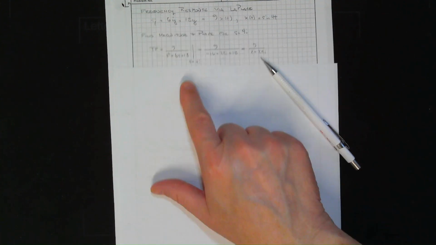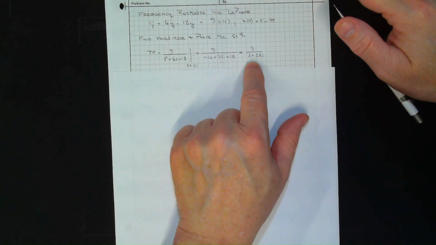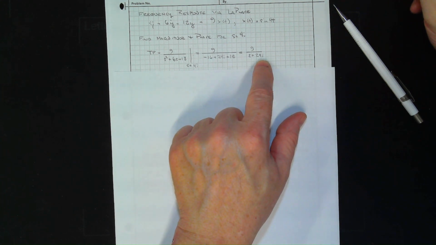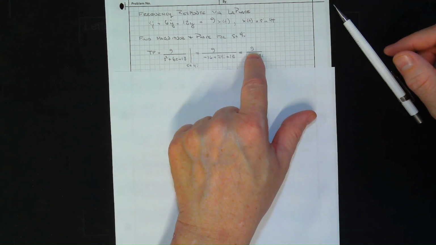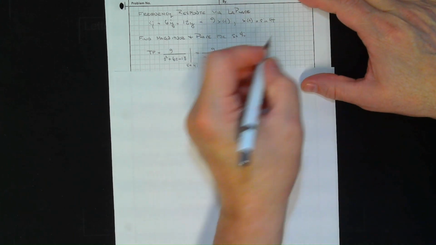So we put in the proper value of s, and now we go to get the phase. If you look at this, this is a complex number. The top is really 9 plus 0i, and here we have a visually obvious complex number, 2 plus 24i. Always when we're doing these things, just picture plotting them out.